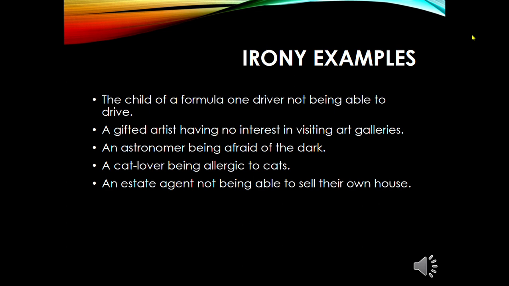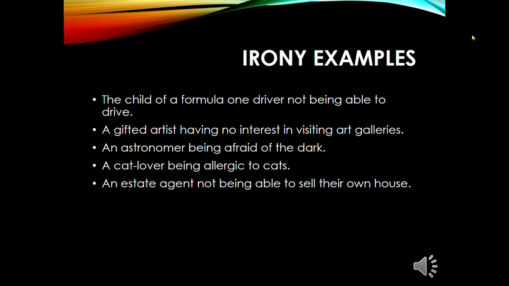Third story, an astronomer being afraid of the dark. It is ironic because the whole vacuum of space is filled with darkness, and all these astronomers have to go to those dark places. Fourth story states a cat lover being allergic to cats.